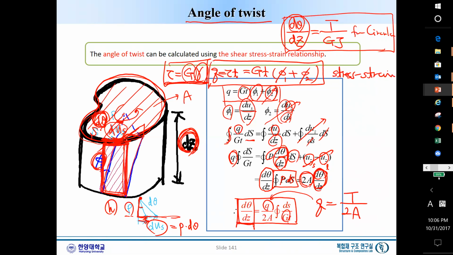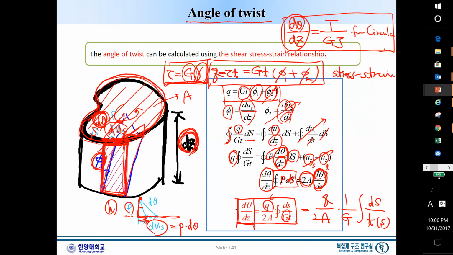G is the shear modulus along this s, and t is the thickness. So if G is a constant, it comes out, and this will be Q over twice A G. And then this ds over t, as we noticed, can be a function of s in general.